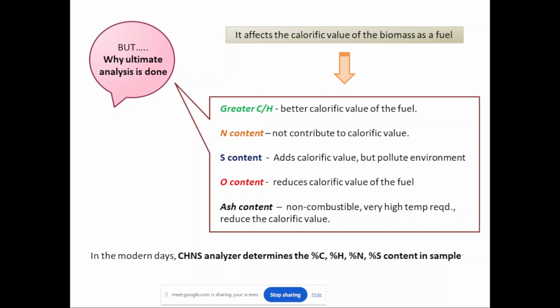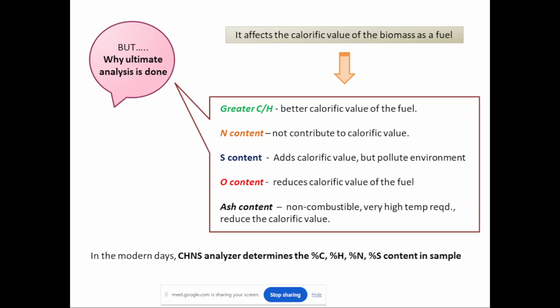That's what we will be discussing now. Since we have discussed carbon, hydrogen, oxygen, sulfur, nitrogen and ash content, we will take up those and really understand why something will add to the calorific value, or what is the better characteristic of a biomass sample.